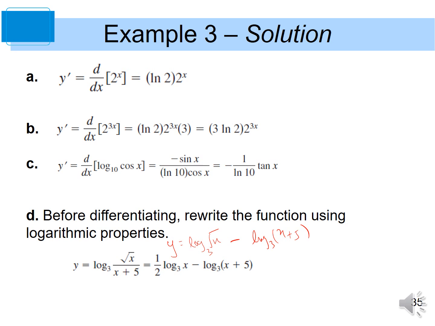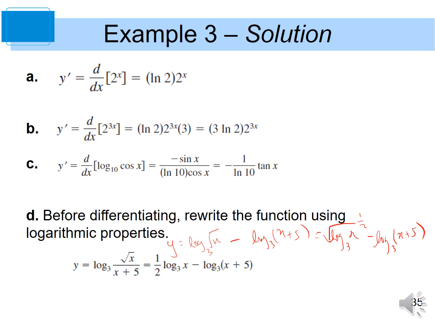And this radical x can be written as x power to the half. And we use the property, the power moves to the front. So this is also equivalent to log x power to the half base 3 minus log x plus 5 base 3. So for this power, we use the property to move it to the front.